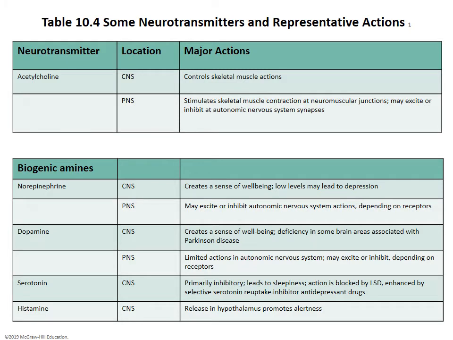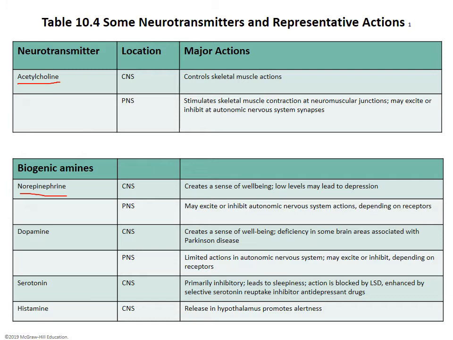Now, this is a list of the neurotransmitters, and again, we are going to look at these, especially these two, acetylcholine and norepinephrine. If you remember when I told you, norepinephrine or epinephrine, you can think of adrenaline, because it is basically the same thing.